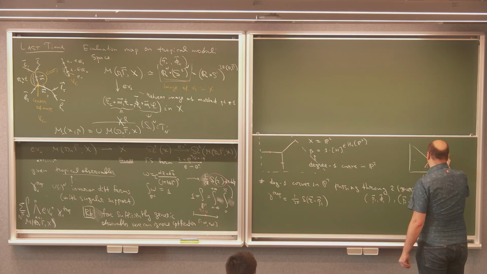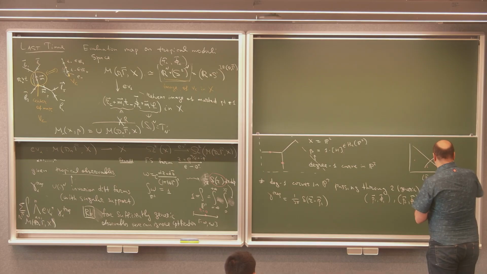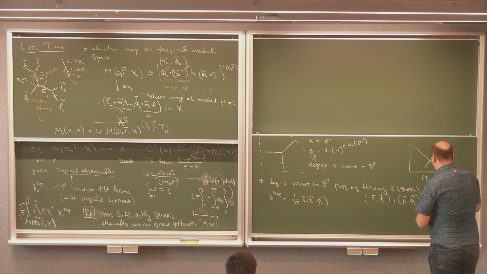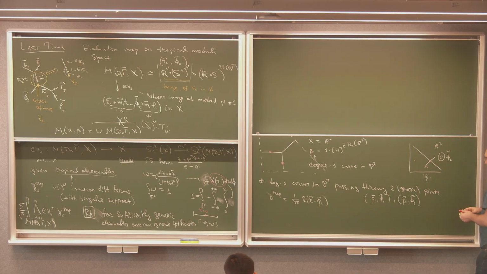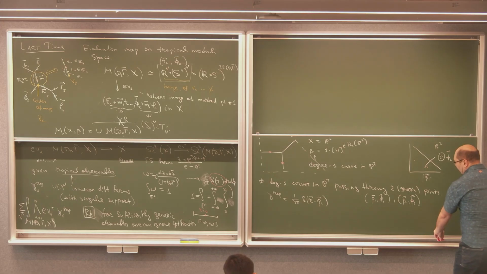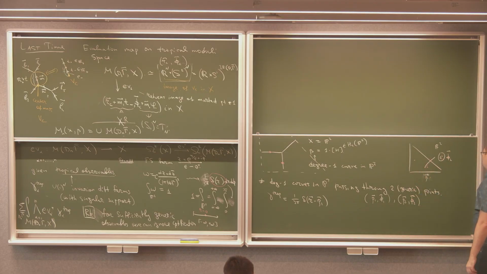And we have a torus fibered over each point, and the position on the torus is given by phi. So to specify the enumerative problem, we need to give the position of these points.